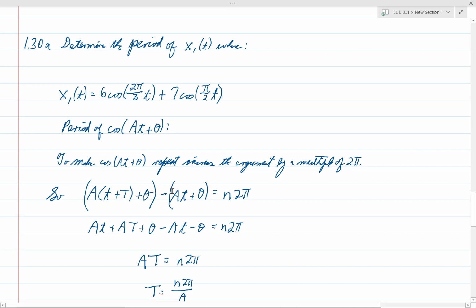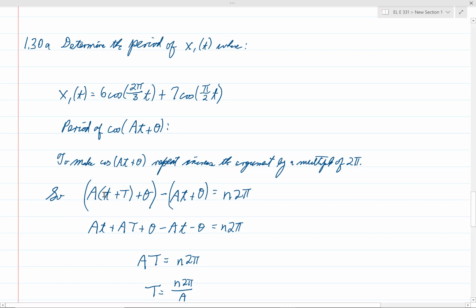Again, this is the original value of the argument, at plus theta. And then as we change little t by an amount capital T, the new value of the argument will be a times little t plus capital T plus theta. And so if we take the new argument minus the original argument, that gives us the increase in the argument. And we want that increase to be some multiple of 2 pi in order for the cosine to repeat.